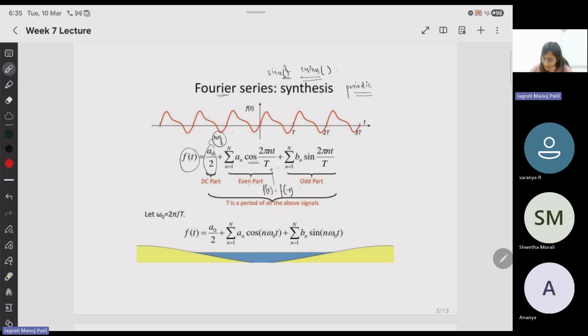Hence, this is the even part of the Fourier series, whereas this one is the odd part because for sine, you have f of minus x equal to minus f of x, right? So both these functions are different. These are different coefficients that you look at here, an and bn, and then this is a naught. So if you know the function yourself, then you can evaluate the coefficients a naught, an, bn.